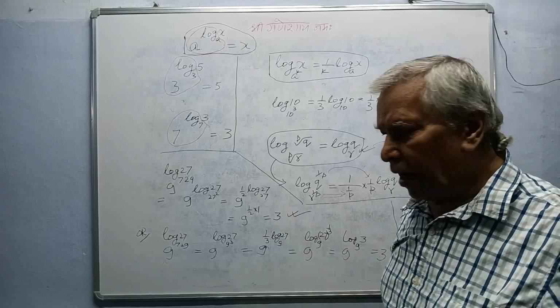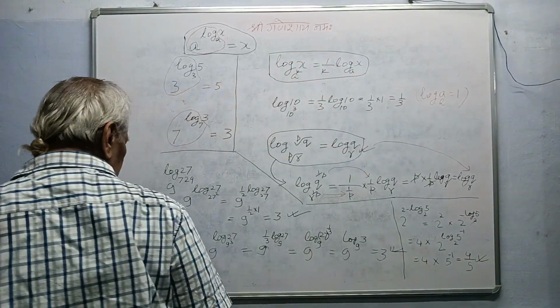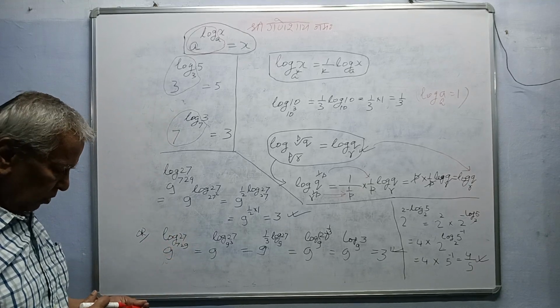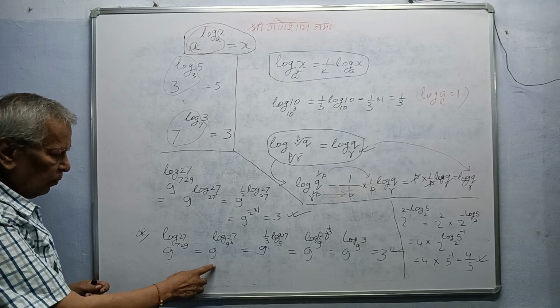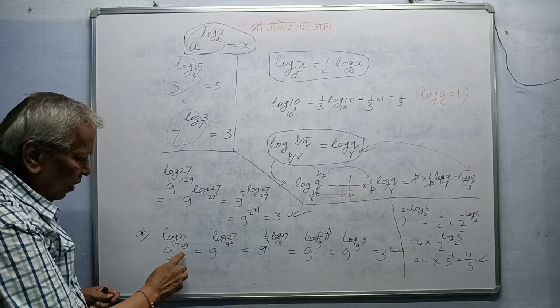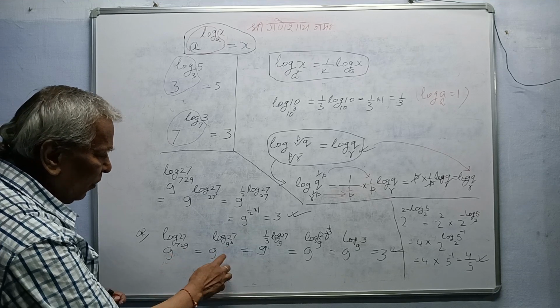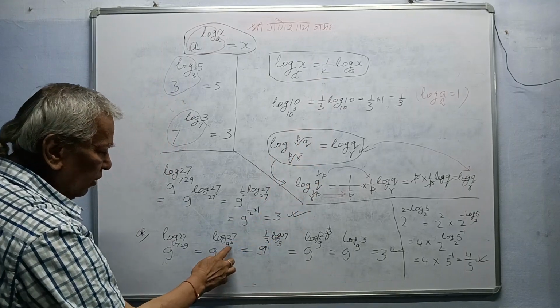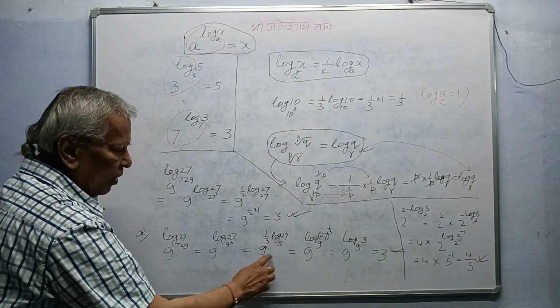Or we can write it in this form also. 9 to the power log 27 to the base 729 can be written with 729 as 9 to the power cube, 9 cube is 729. So now this 1 by k formula: 1 by 3 log 27 to the base 9.